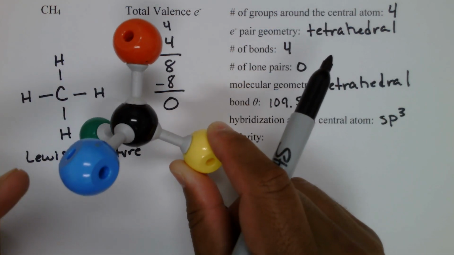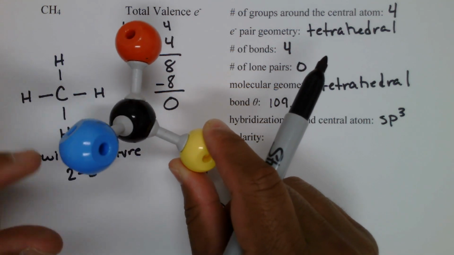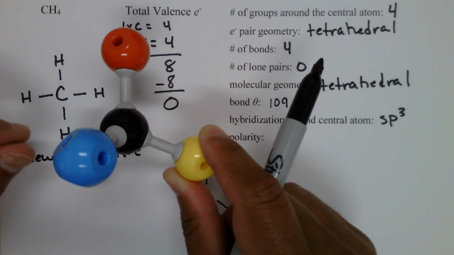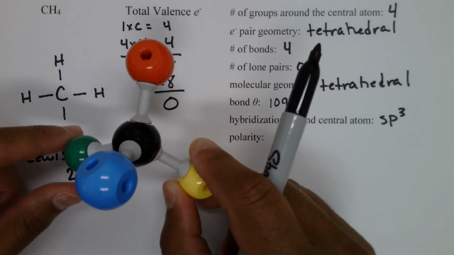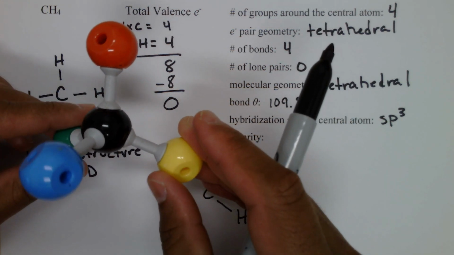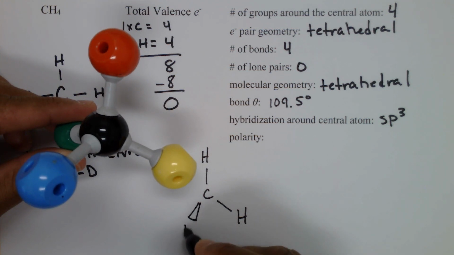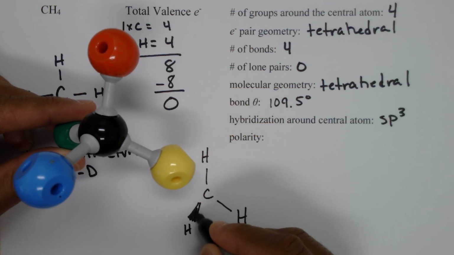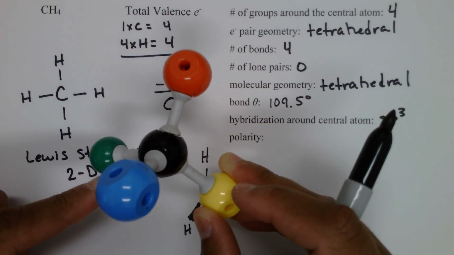And then on this side with this blue and the green atom, you can see when I hold it like this, the blue atom is actually pointing towards you, and the green atom is actually pointing away from you. So this is how we're going to sketch this. The atoms that are pointing towards you, we'll put those in wedges. And then the atoms that are pointing away from you, we'll put those in dashes.